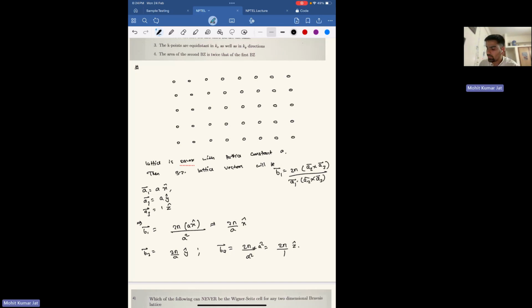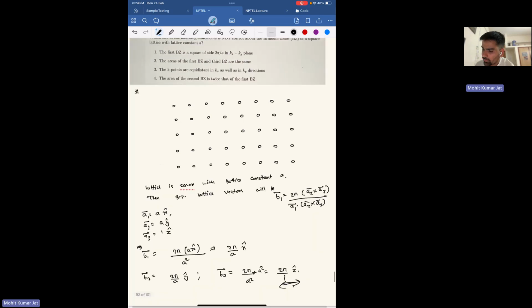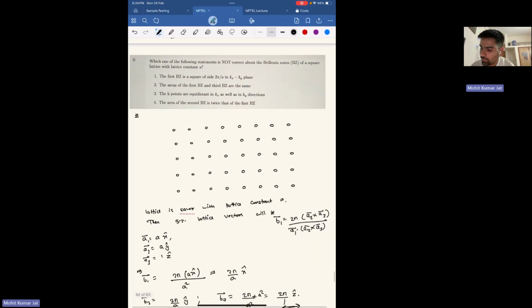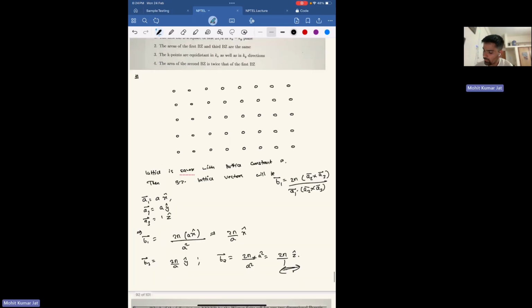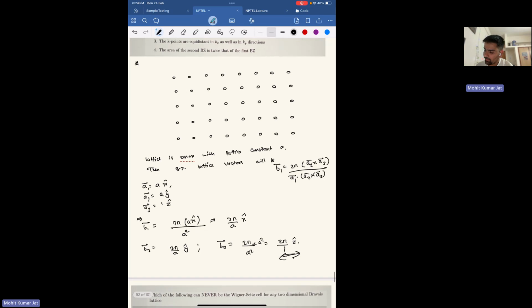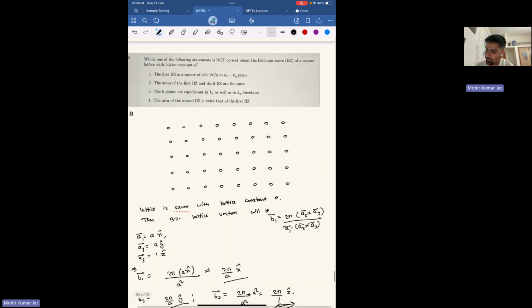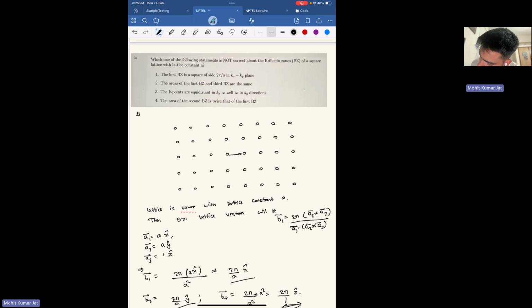So this is just a constant in a unit vector. So the first Brillouin zone is the square of side 2 pi by a in kx and ky, right? In kx and ky, it is 2 pi by a. So basically this will be 2 pi by a x cap, and this will be 2 pi by a y cap.